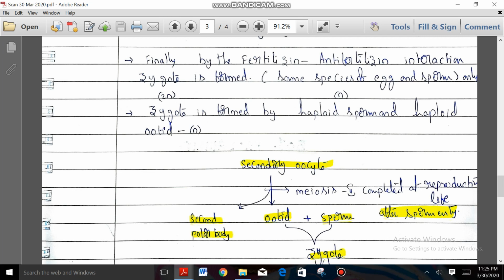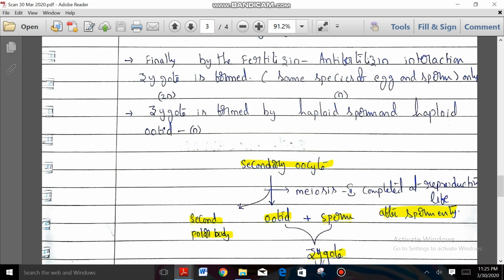Only the same species of egg and sperm form a zygote. For example, if the sperm of a dog enters a human female, is fertilization possible? No. What is the reason? At the time of formation of the zygote, the fertilizing and anti-fertilizing interaction takes place.